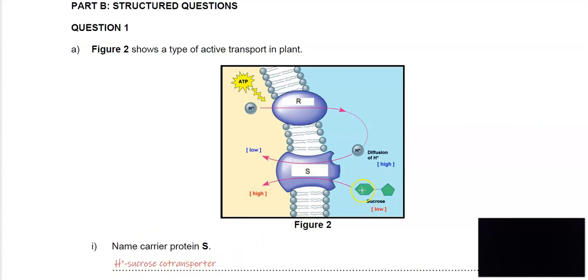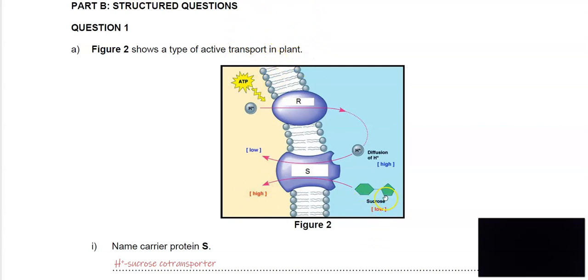Okay, so as you can see, outside of the cell, the concentration of sucrose is low. So sucrose needs to enter into the cell through this co-transporter from low concentration to high concentration inside the cell. So basically, this type of transport protein occurs in plant.